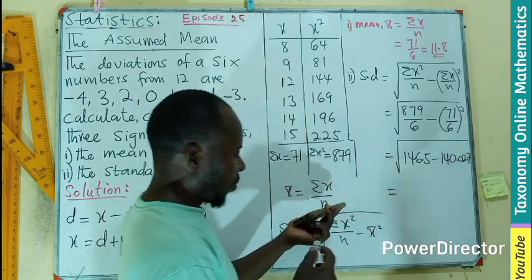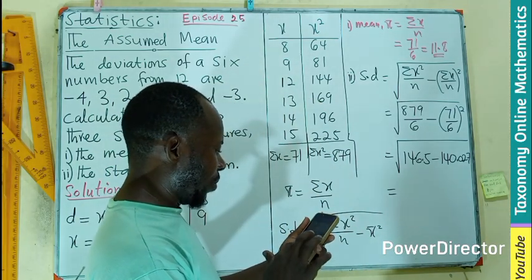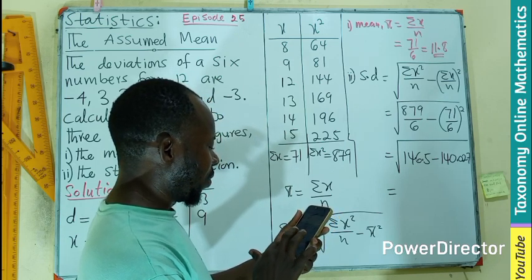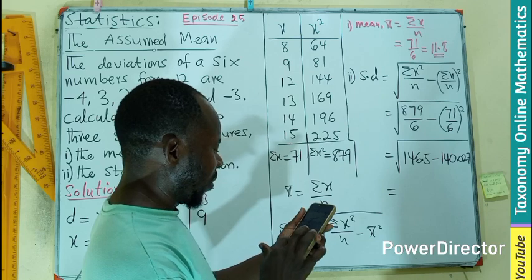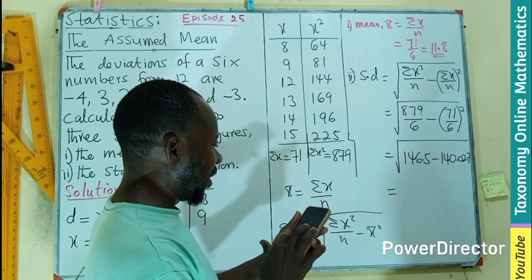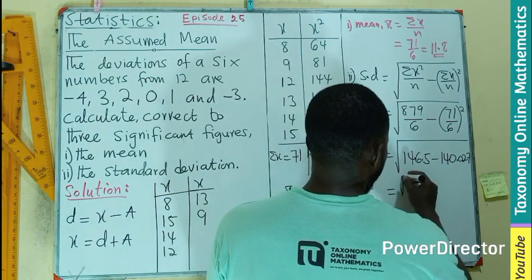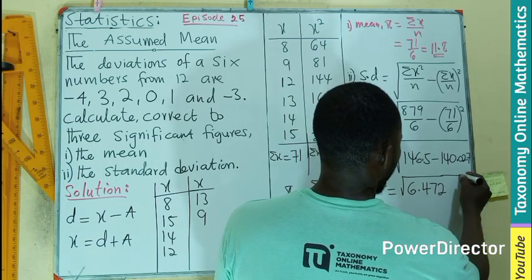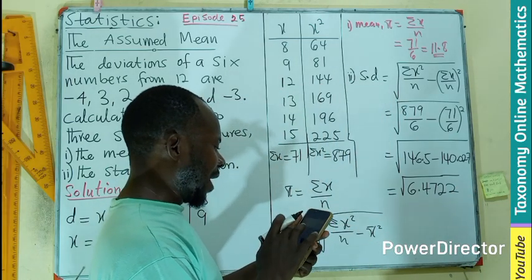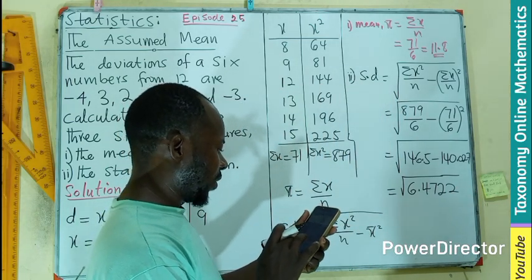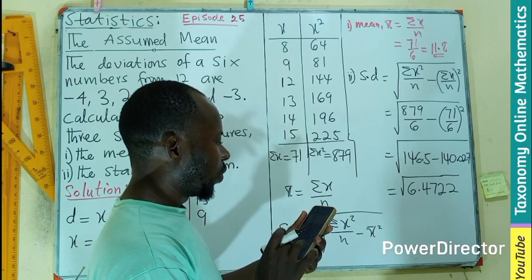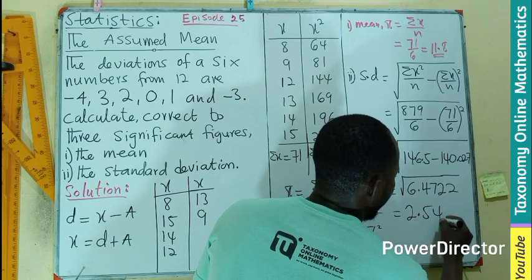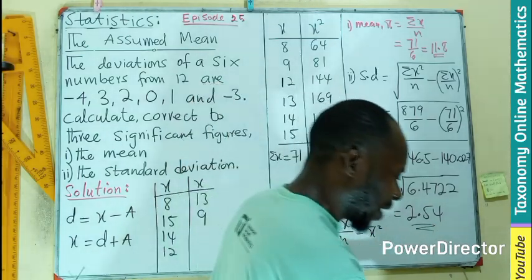So let's see what that will give us if we put it under the root. 146.5 minus 140.02778. That will be the root of 6.47222 recurring. Let's try that under the root, 6.47222. And that also brings us back to 2.54 with 3 significant figures.